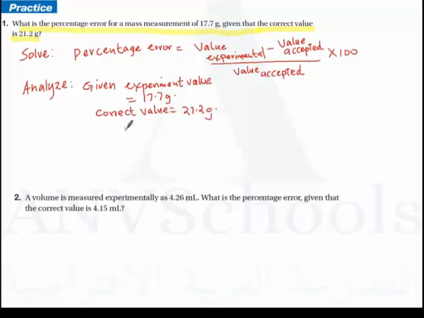Putting this into the formula: 17.7 gram subtract 21.2 gram, divided by 21.2 gram, multiply by 100.